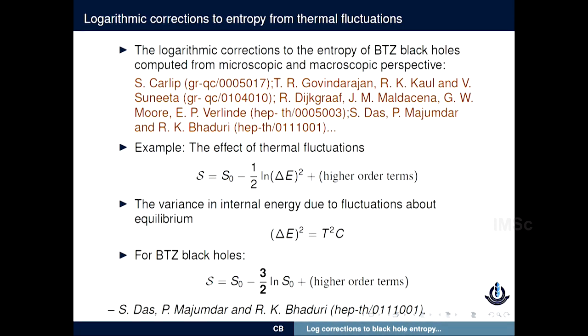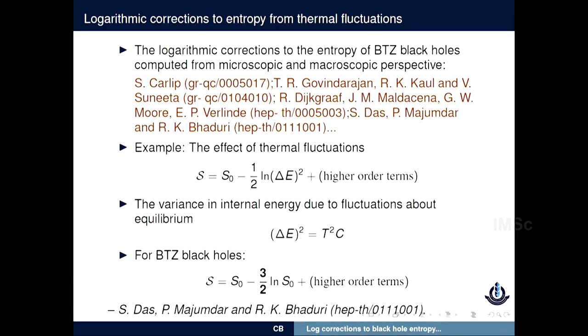Okay, I'll try to be brief here. If you take one example, a BTZ black hole, logarithmic corrections have been computed both in the microscopic and macroscopic setting, long back by Carlip, Maldacena, Sen and collaborators, and Das, Majumdar and Bhaduri. So the corrections go like this.